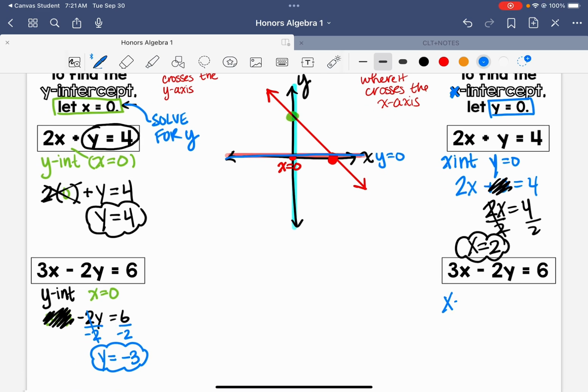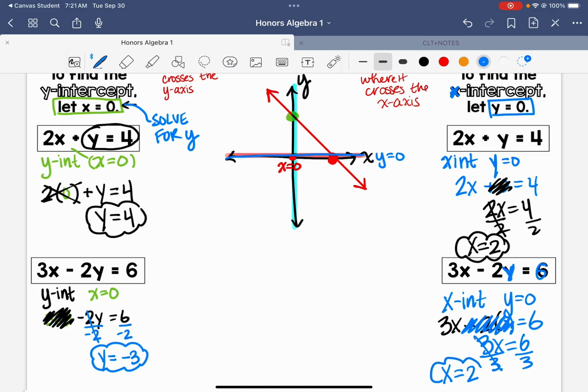If the x-intercept is when y equals 0, I substitute in for y, and I get 3x minus 2 times 0 equals 6. Cover up the part that's times 0, because that makes 0. I get 3x equals 6. When we divide by 3, I get the x-intercept is 2.